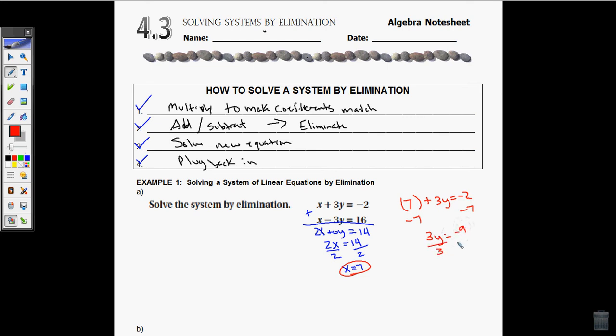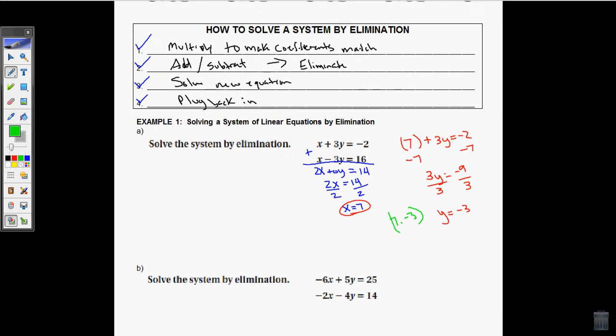I divide by 3. And y equals negative 3. Now I'm done. I have a coordinate point, 7 comma negative 3, which is my solution to this system of equations. It is the one point where these two equations cross and intersect. It is the one coordinate point that they share in common.